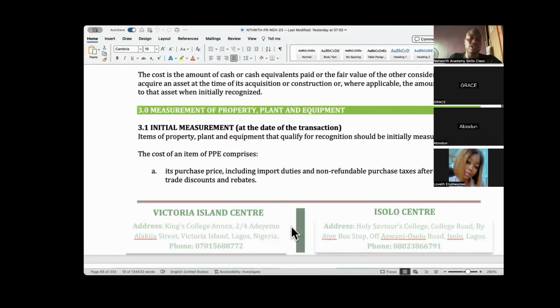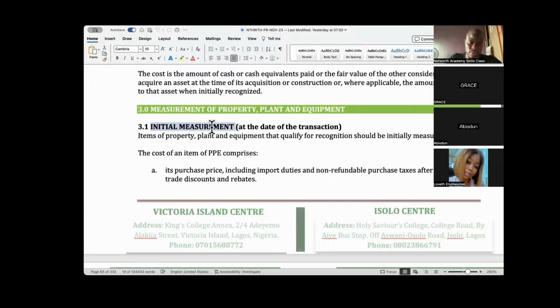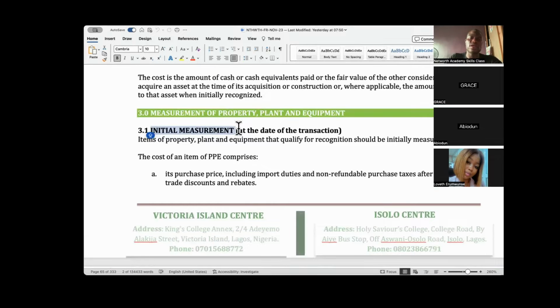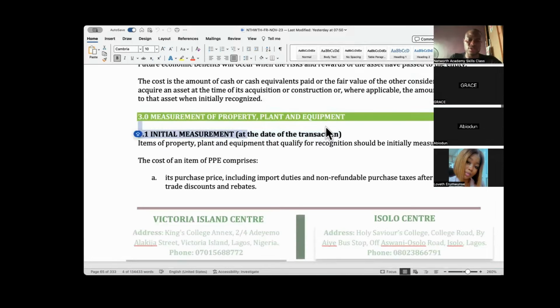Then we moved on to measurement. For measurement, we said this is the amount attached to the PPE that is recognized. We said there is initial measurement, which is the measurement at the date of the transaction. And at the date of the transaction, we said an item of property, plant, and equipment should be initially measured at cost.